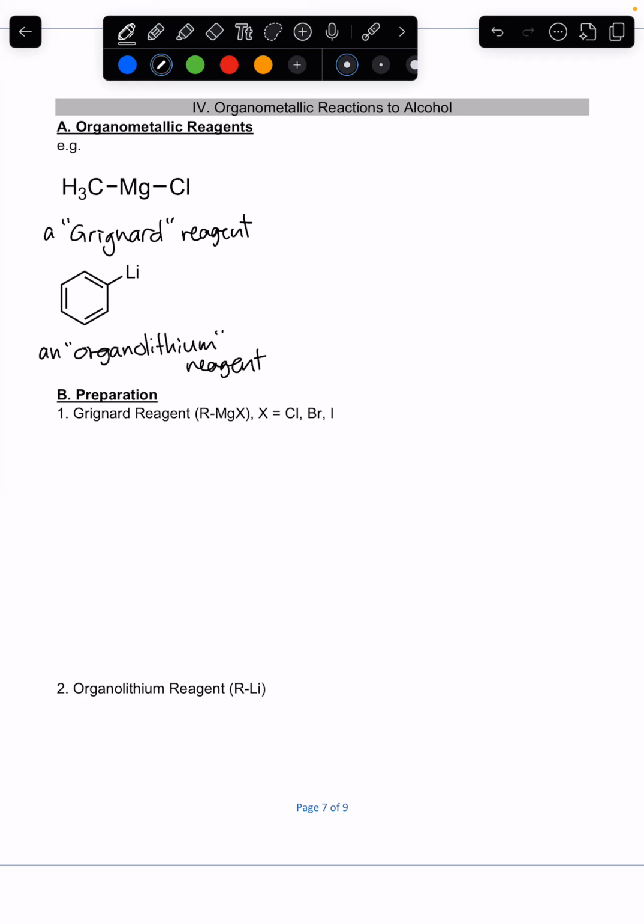So how does this work? Well, remember, metals have very low electronegativity. They're very electropositive, meaning they're not that interested in electrons.